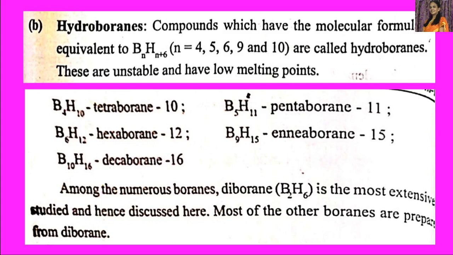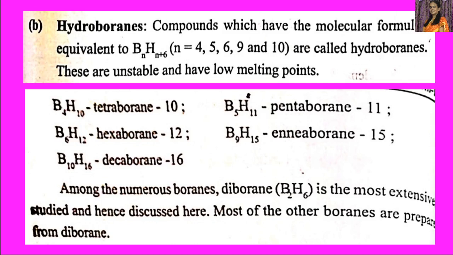Here hydroboranes have the formula BnHn+6, where n is equal to 4, 5, 6, 9 and 10. So these are called hydroboranes. Now these are unstable and they have low melting points. Whereas simple boranes are stable. Now let's consider the examples.